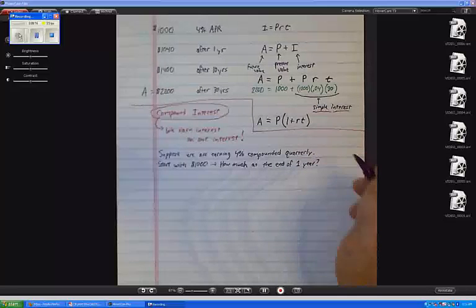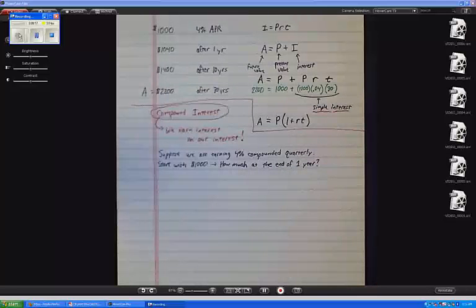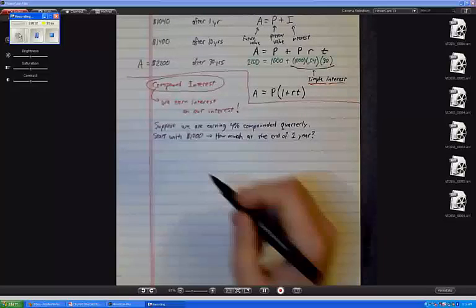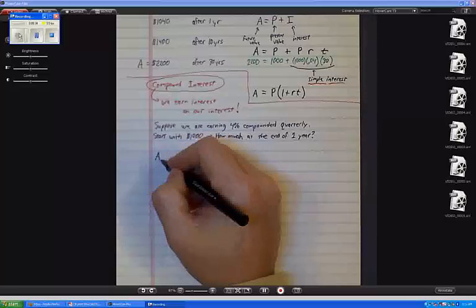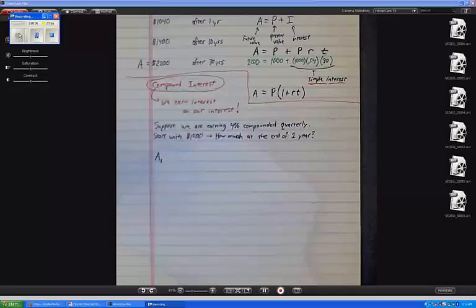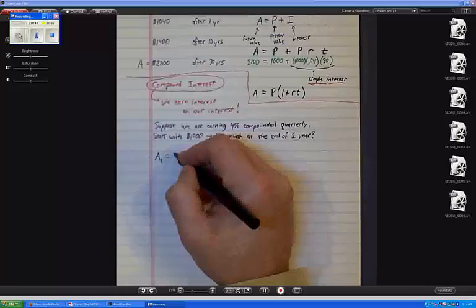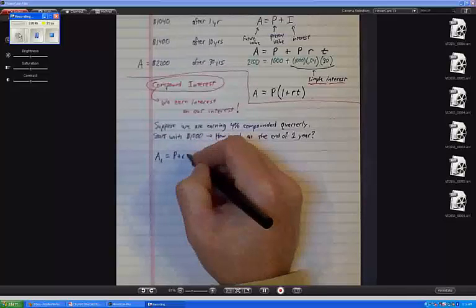Okay? So I'm going to try and figure this out using my formula for simple interest. I'll just have to use the formula for simple interest at different times here, okay? So what I'll do is I'll say, well, A1, that's the amount after the first quarter, is going to be, well, I know it's P plus RT, P times parentheses 1 plus RT.